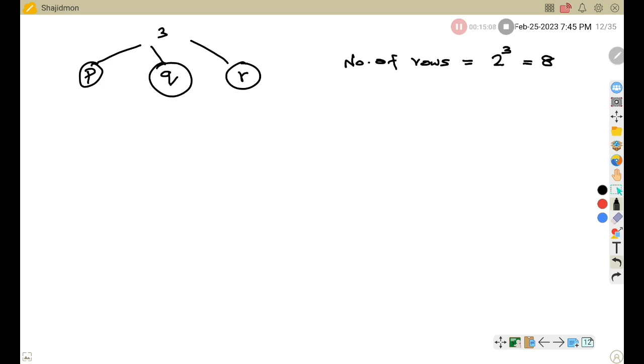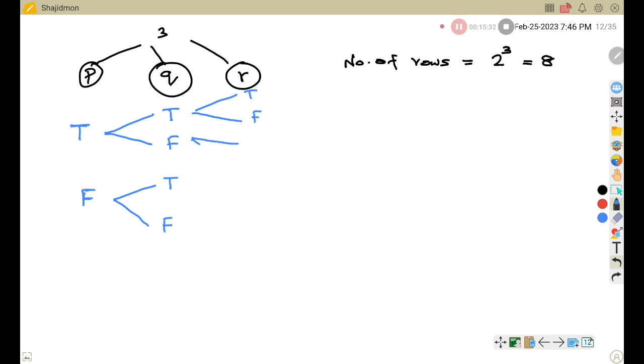You can see the first proposition, either it will be true or it will be false, correct? Now followed by the second proposition. For example, first proposition true, the second one either true or false. Same way, first one false, the second one is either true or false. Same way the third one. First one true, second one true, third one either true or false.